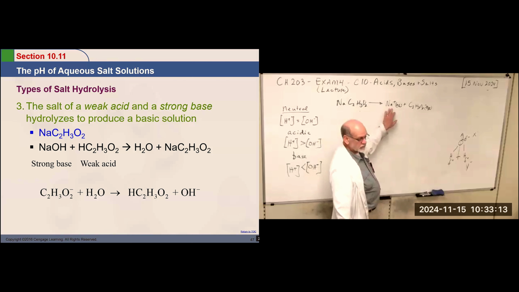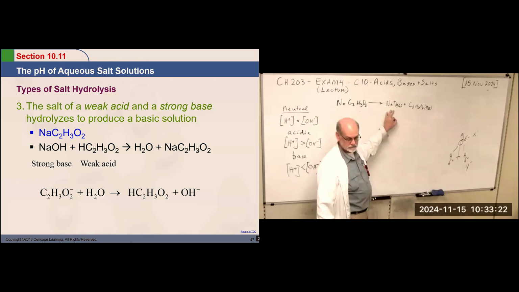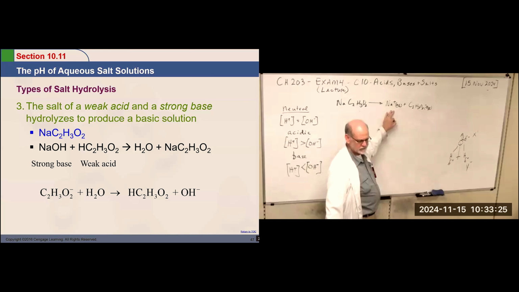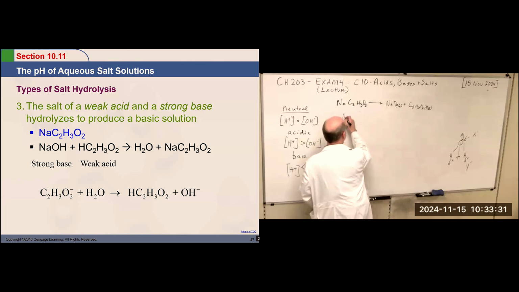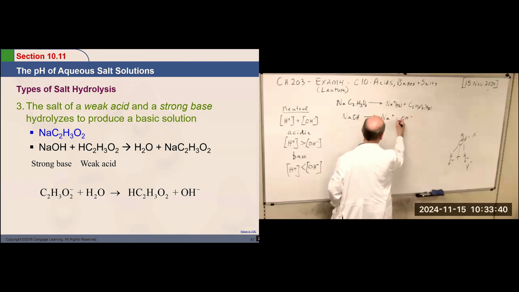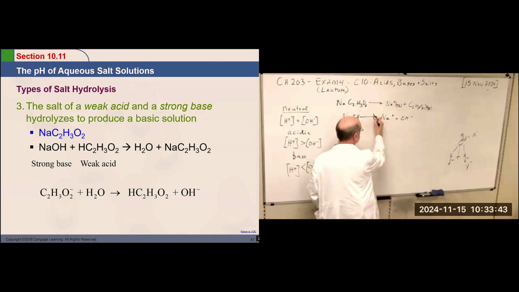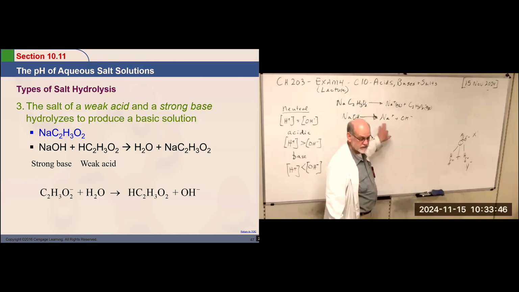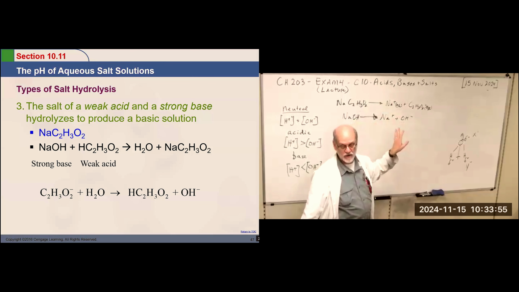Sodium could react with water, right? Or it could react with hydroxyl ions from the dissociation of water molecules. What is it going to do? Nothing, right? Because the sodium in this situation would be derived from sodium hydroxide, a strong base. It produced that and that, and it's all the way to that side. What does that mean? That means when you have sodium ions in solution, it's not going to react with anything. It doesn't want to go back. It wants to stay over here like that. So the sodium ions are not going to react with water or hydroxyl ions, either one.